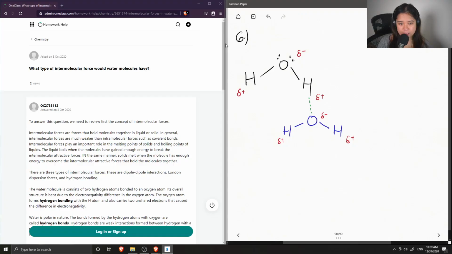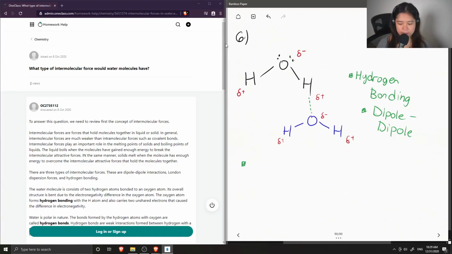So this is called hydrogen bonding. Okay, so this specifically involves hydrogen, but it's also known as an interaction of the dipoles. So I can also say that dipole-dipole interactions occur in water molecules as well.